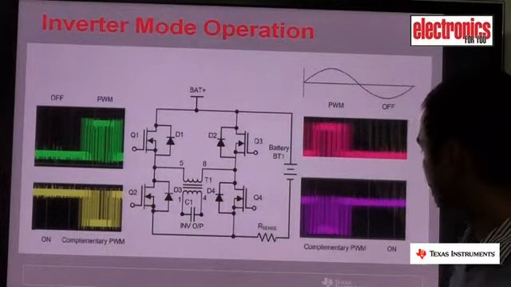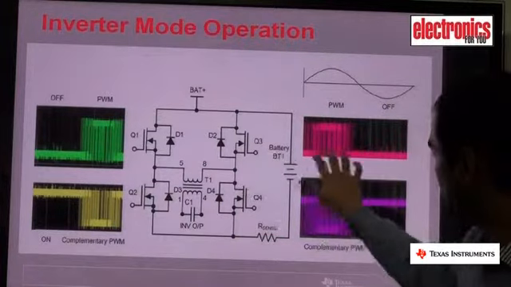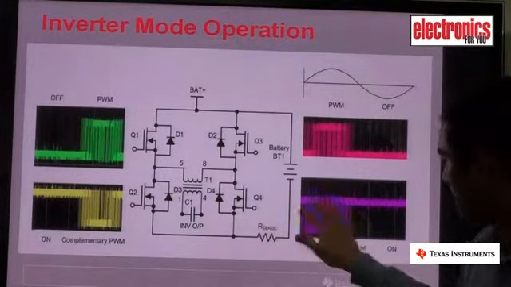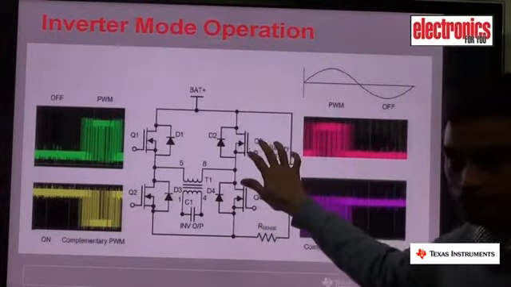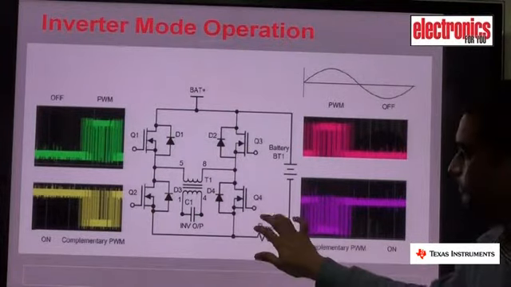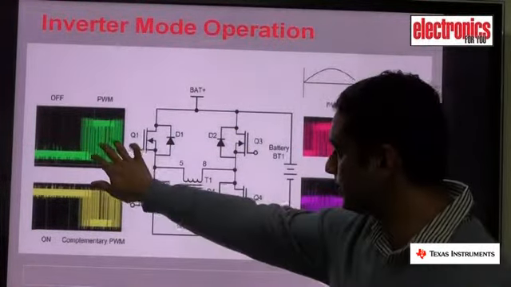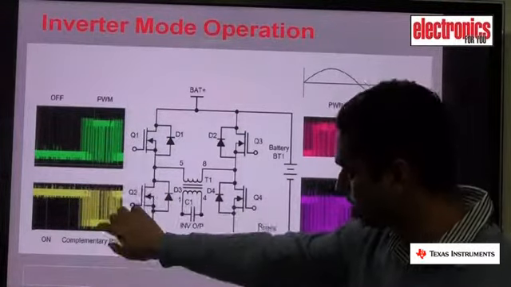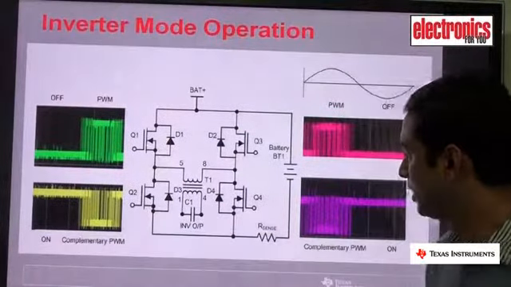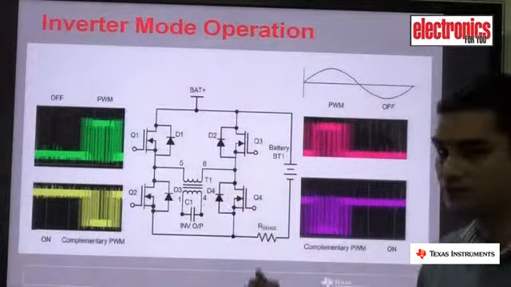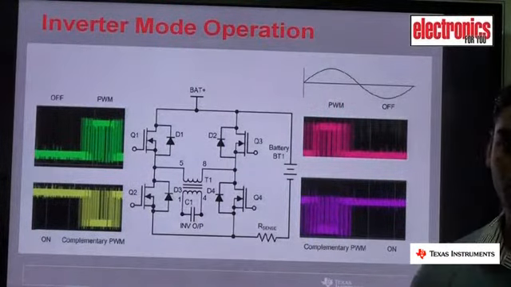In the negative half cycle, you can see Q3 has a low gate drive, Q4 has a high gate drive, so your Q3 will be off, your Q4 will be on, and then you apply PWM to Q1 and the complement of that PWM to Q2. And then on the output side you have an LC filter which gives you a sine wave output.